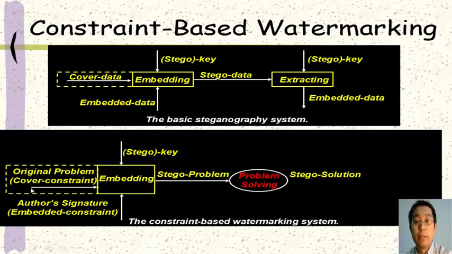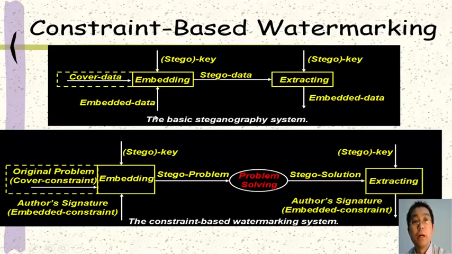Then the original constraint and this additional constraint will be combined together to form a stego problem. The stego problem, instead of the original problem, will then be solved to obtain a stego solution. This stego solution will satisfy both the original and the additional constraints.